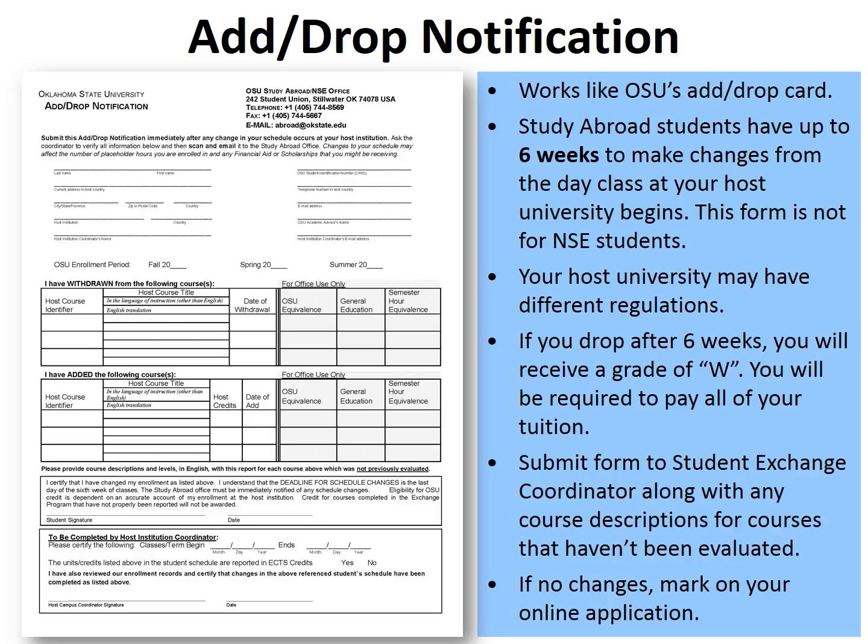Like the enrollment verification form, this add-drop notification requires a signature from your host institution coordinator. More information about other credit considerations can be found in the credit posting guidelines, which is available for review on the online application system. Note, please remember that going under a certain amount of hours may restrict your scholarships and financial aid.